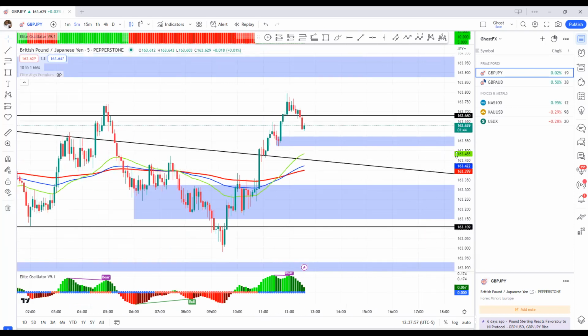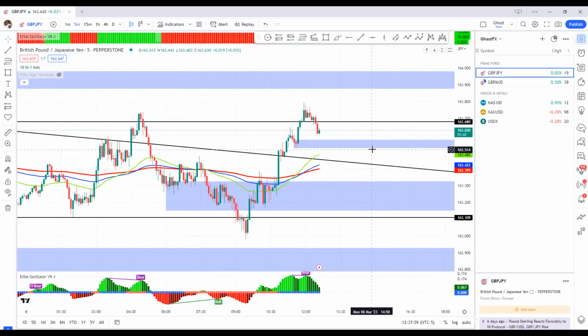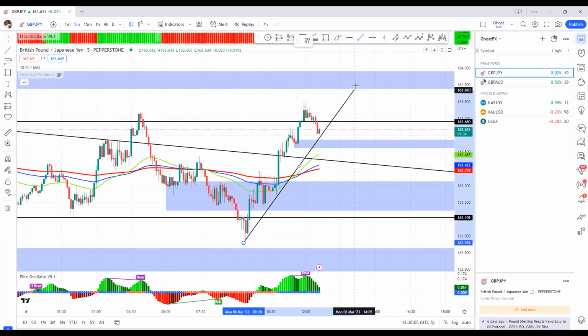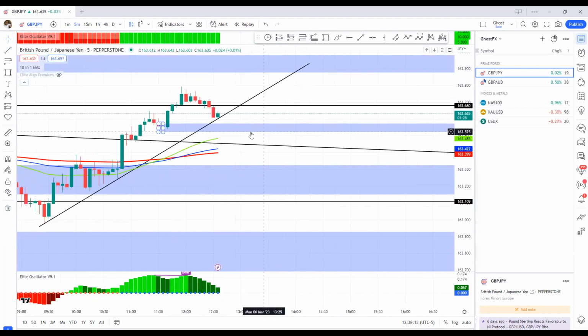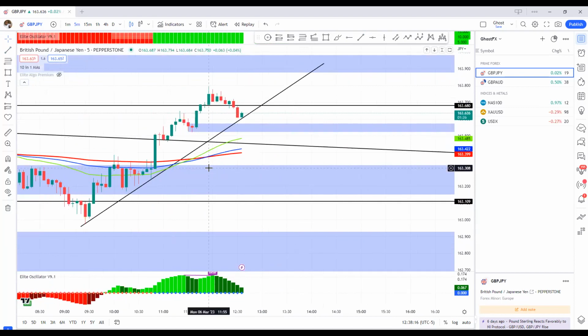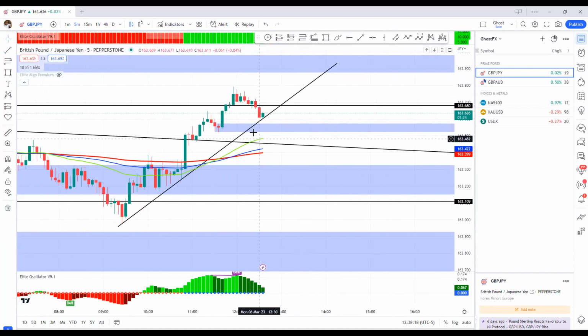It's easier, less stress. And also, if it breaks the trend line, you have a trend line here as well. We break that trend line, we also need to look to see what will happen next. What's the next option?